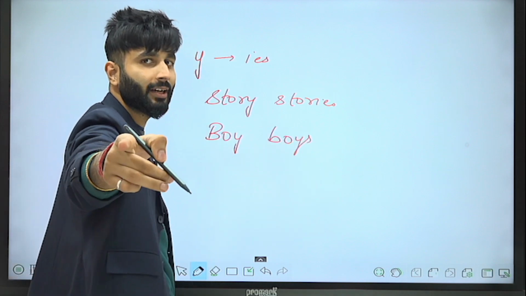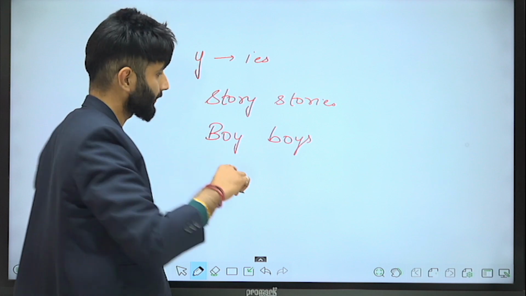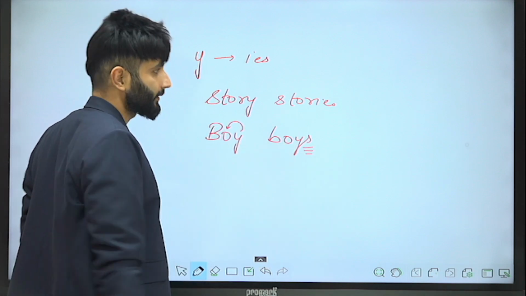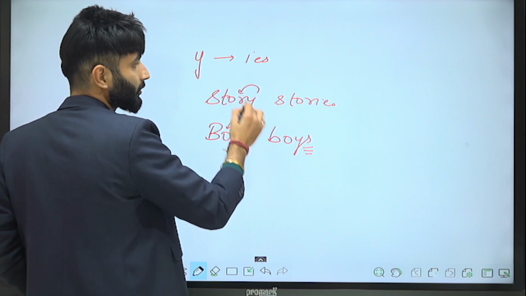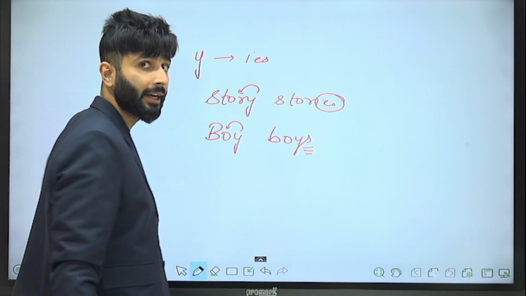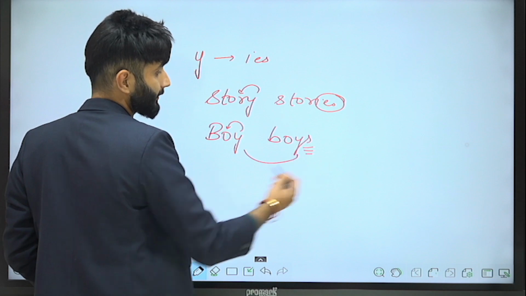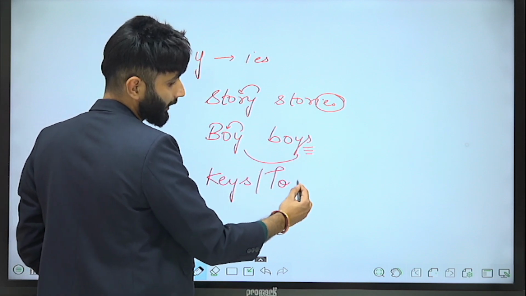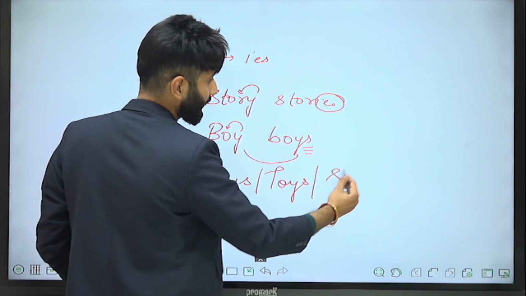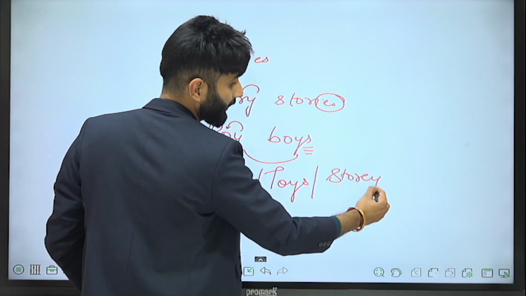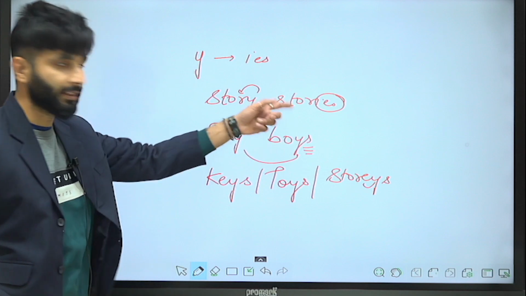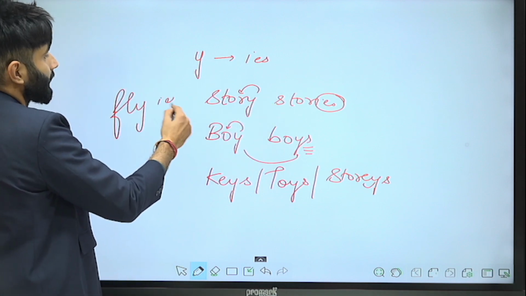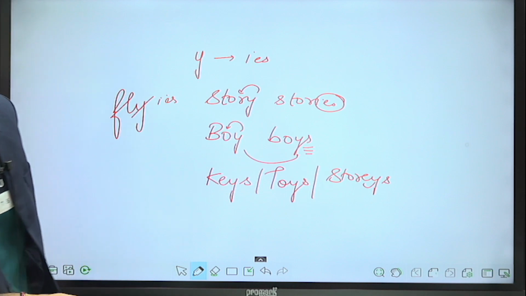Your mind knows the answer now if you have already started this class, because the vowel thing adds S. Now there is no vowel, it is IES instead of Y. This takes S. Like we talk about key, again with the vowel. Toy, in toys. But this story, vowel takes S, while this one takes IES. Talk about fly, takes flies. Fair enough.